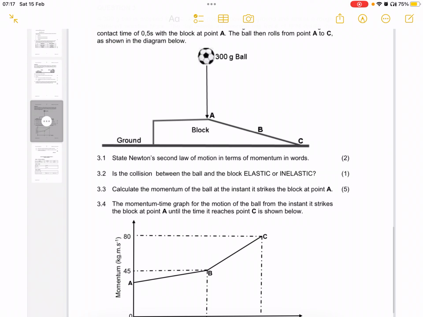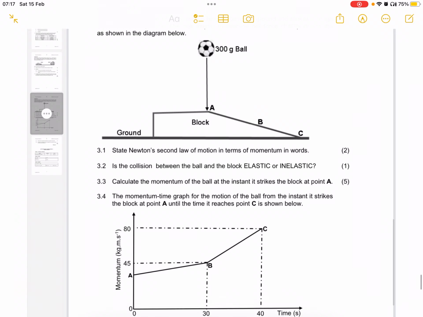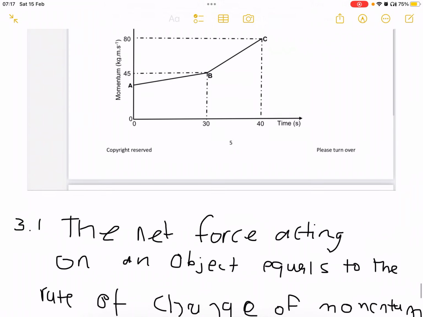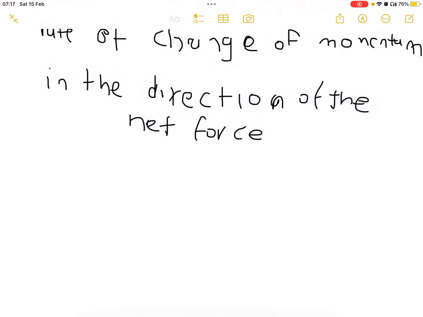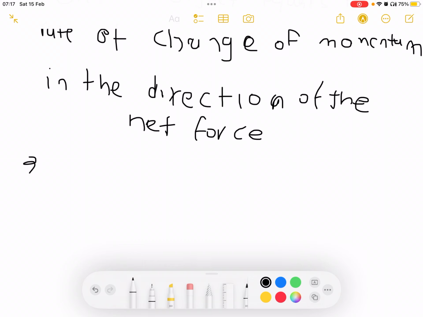In this case, the ball and block collide and then they stay in contact because the ball rolls on the block, so they are in contact, they're not attached together, so therefore it's inelastic. I'm going to have to say 3.2 and type it down. Inelastic.